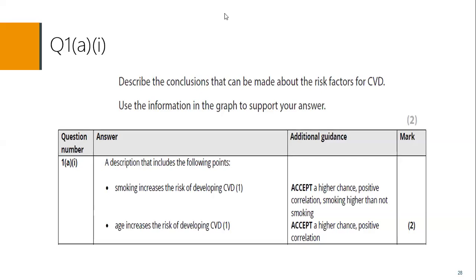If a question is marked with an asterisk, it means that it is a level-based question, and levels will be given, and then a decision made within the level as to which of the marks to award. If you look in your pack, the final questions that we're marking are level-based questions, so hopefully that will help explain it to you.